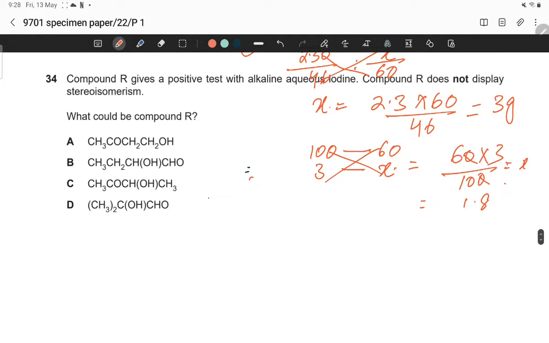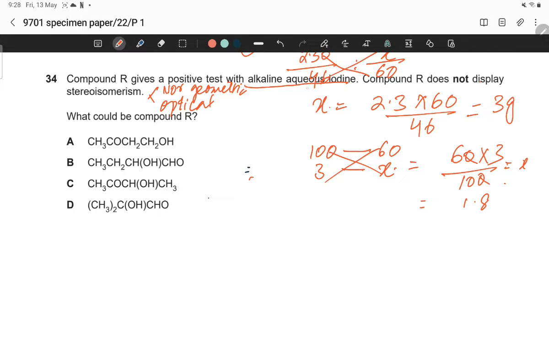Now the next question. Compound R gives a positive test with alkaline aqueous iodine. Compound R does not display stereoisomerism, neither geometric nor optical.